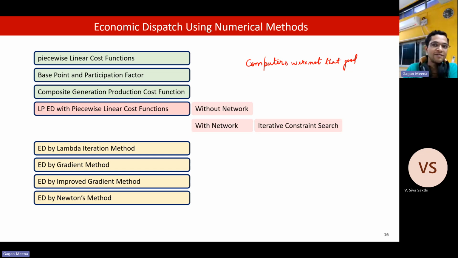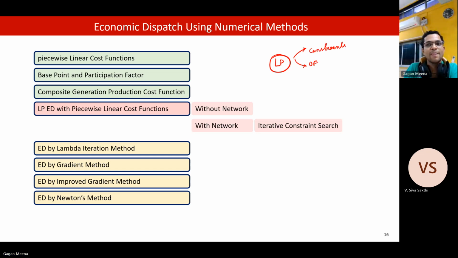At that time, because computation was a bottleneck, we used to ensure that everything is converted into a linear programming framework. That means the objective function and constraints, everything is linear. We want them linear.